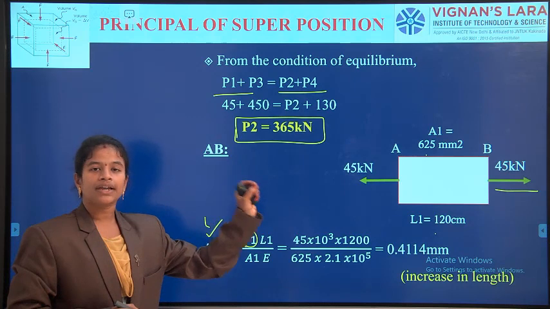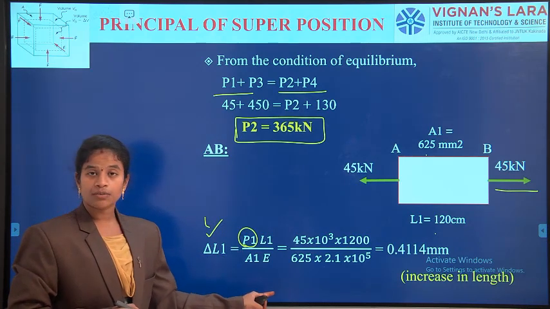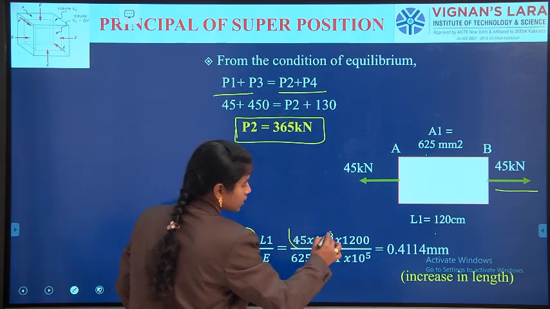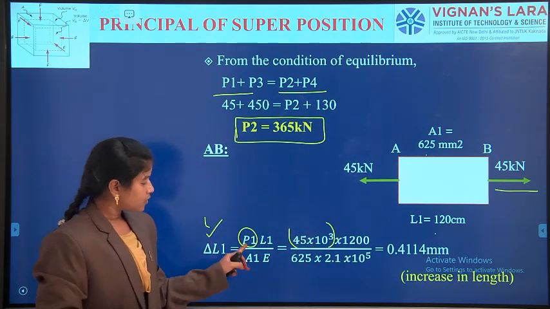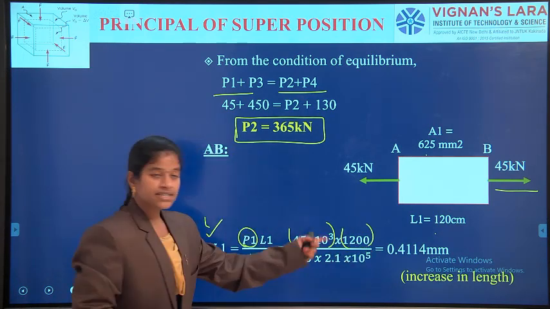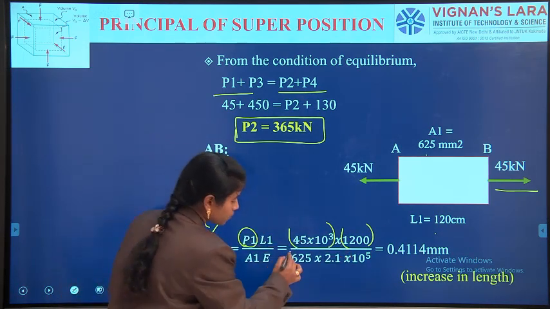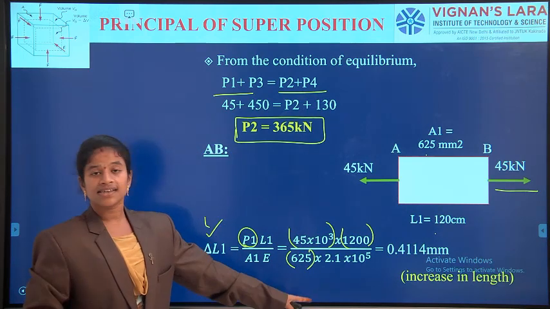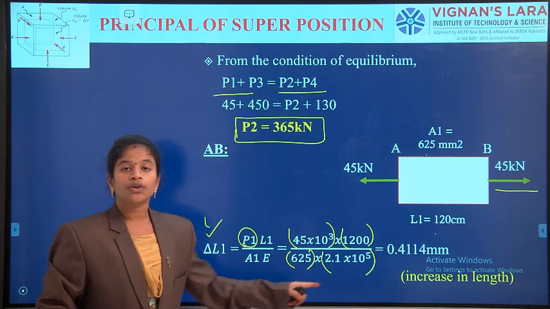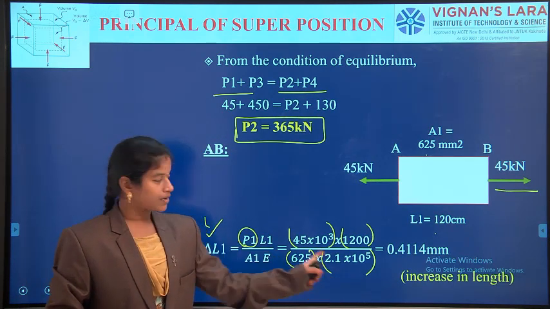Load into length by area into Young's modulus. So on this body, what is the force acting? 45 kilonewtons. What is the length of the body? 120 centimeters, and it is converted into millimeter. What is the area of cross section? 625 mm square. What is the Young's modulus in the problem? 2.1 into 10 power 5 Newton per mm square.